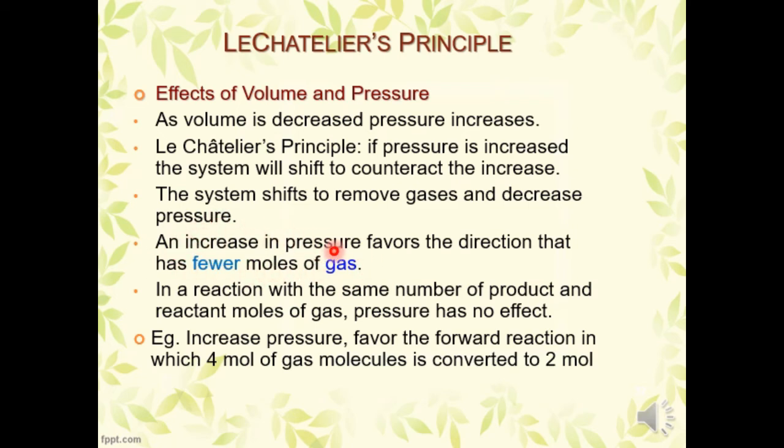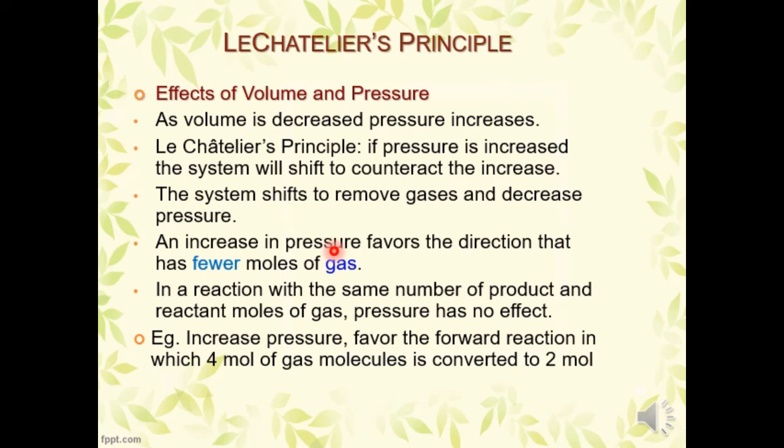So you have to compare the moles of product and reactant. Which side has fewer moles of gas? Increased pressure will move to the direction that has fewer moles of gas.